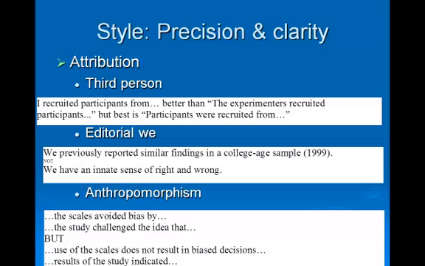So have the scales thing there, but also the results of the study indicated. And even though that's still basically anthropomorphism, it's kind of accepted in the field. Well, yeah, but it's okay to say that. So there are some exceptions here. But in general, watch out for that.